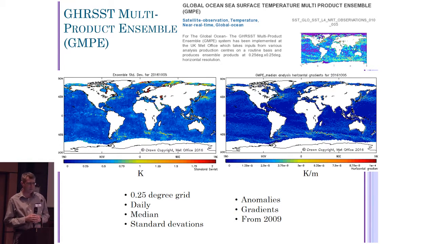So that's a really useful product if you want to compare the different analyses in use around the world, and it could also give some information on where the analyses are a bit more uncertain than in other places. This comes in daily and runs from 2009.